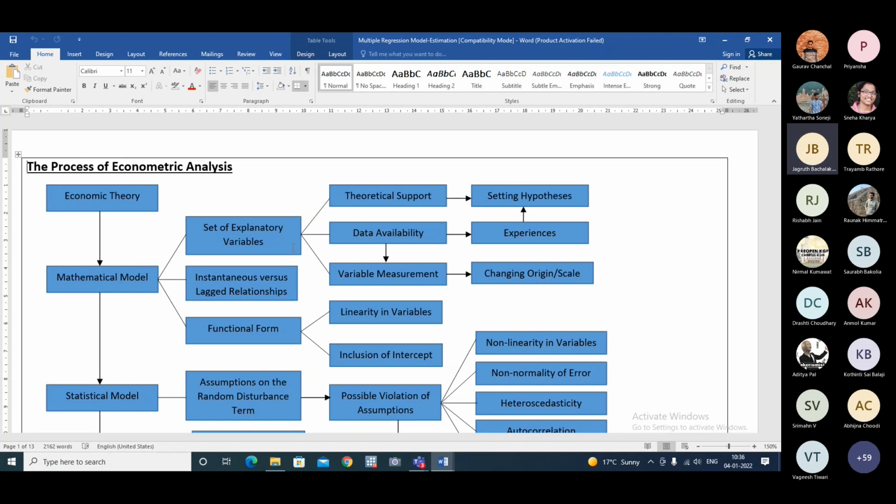Having a specific direction of causality is very, very important in econometric analysis. Otherwise, there would be simultaneity bias and hence some consequences on the regression coefficients. Again, that part we will be discussing in the next course.